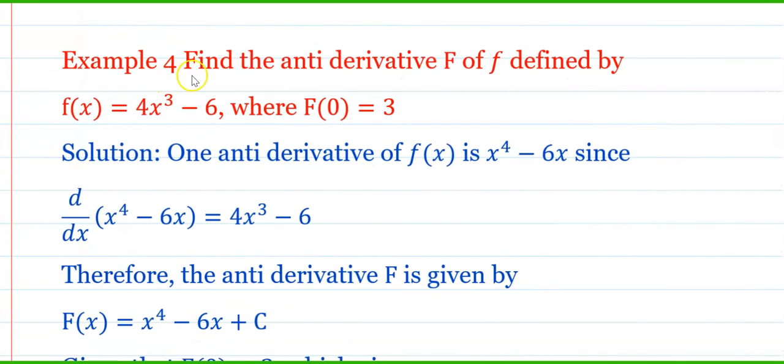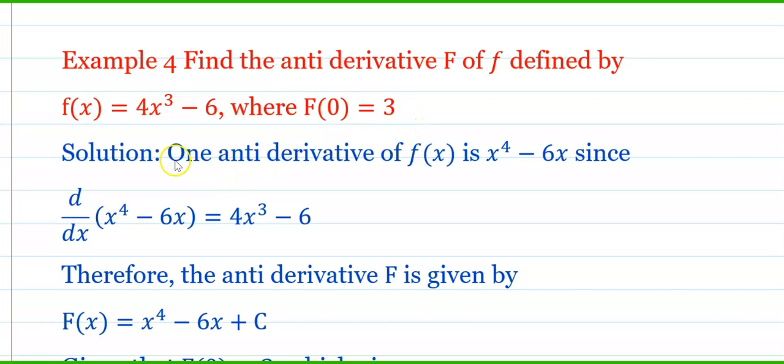Example number 4. Find the antiderivative F of f defined by f of x equals 4x cube minus 6, where F of 0 is 3. Hence we want to find the integral of 4x cube minus 6. Here we have been given the value of that function: the value at x equals 0 is 3.